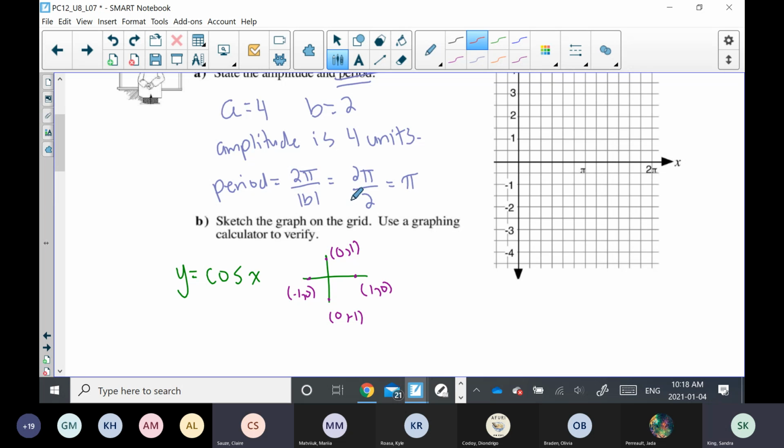X. Yes, so I'm going to put C's underneath all my x values. Okay, so at 0, the cos of 0 degrees is 1. So first, I'll do this in green. So the original graph of y is equal to cos x, remember, has an amplitude of 1 and a period of 2 pi or 360. So when x is 0, y is 1.